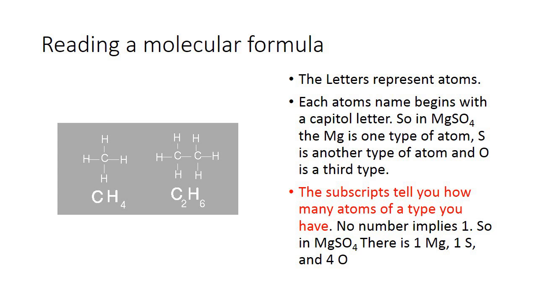And the capital O is another type of atom, that is oxygen. Now the O has a subscript of 4. That means that there's 4 oxygens inside magnesium sulfate. Okay? The subscripts tell you how many atoms of each type you have. Without a number, it's implied that there's 1. So there's 1 magnesium, there's 1 sulfur, but then there's 4 oxygens. Okay?